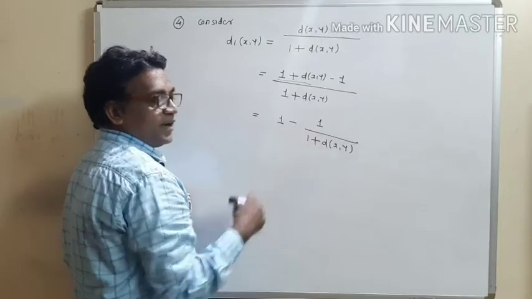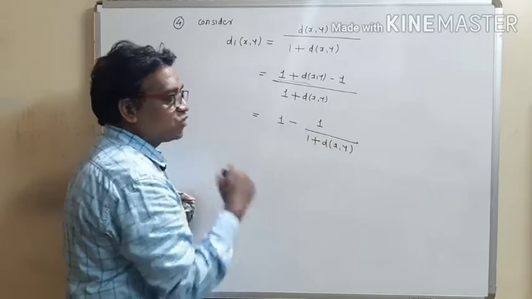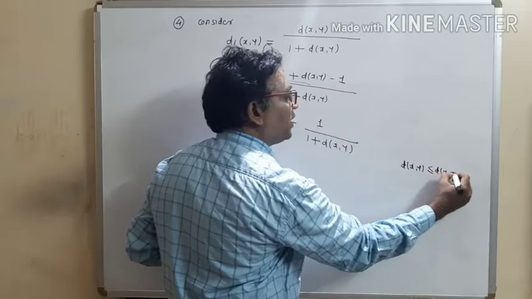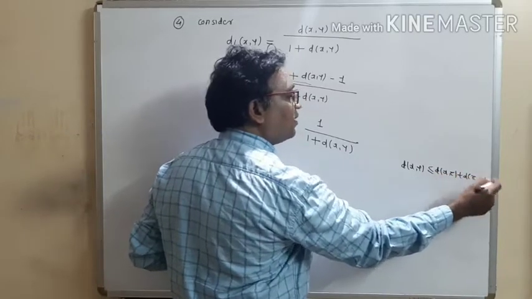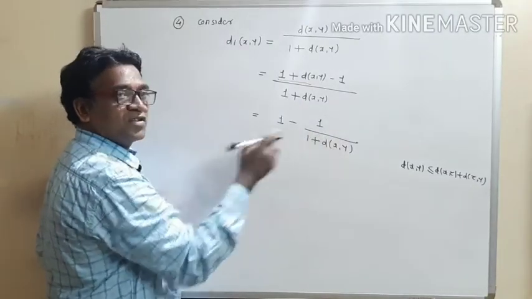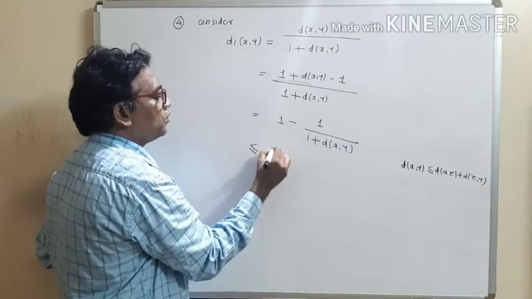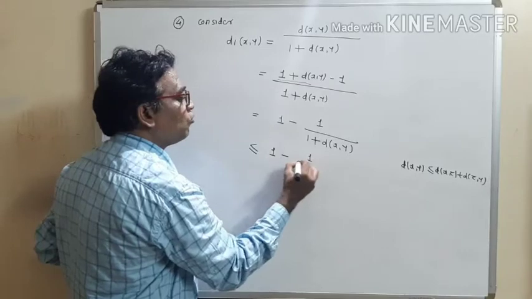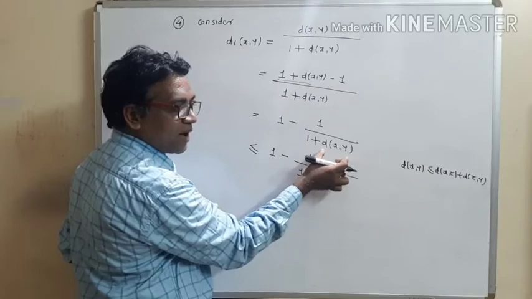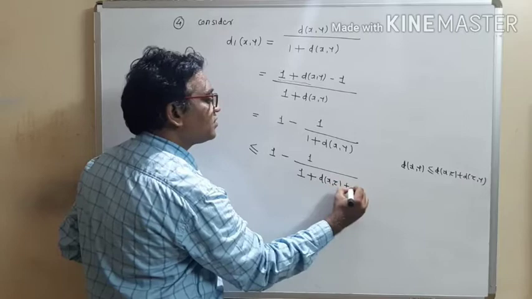Now because d is a metric, metric means d satisfies the fourth condition also. What is the fourth condition? d(x,y) is less than or equal to d(x,z) plus d(z,y). This is the triangle inequality property. If d is a metric, it satisfies this fourth condition also. So use this condition. This is less than or equal to 1 minus 1 divided by 1 plus, now instead of d(x,y), just put that value, d(x,z) plus d(z,y).